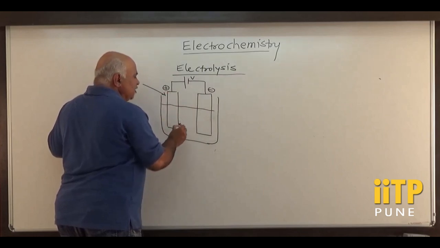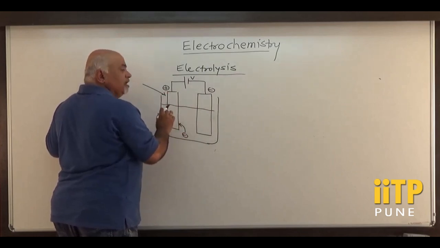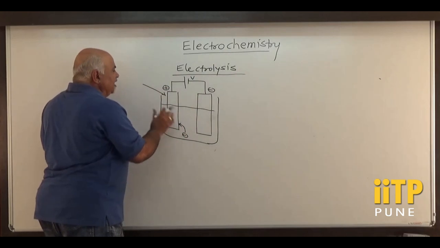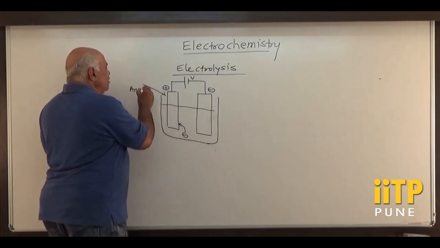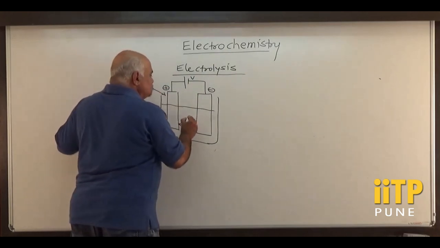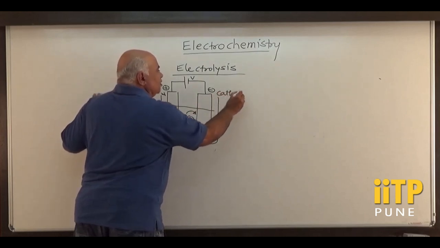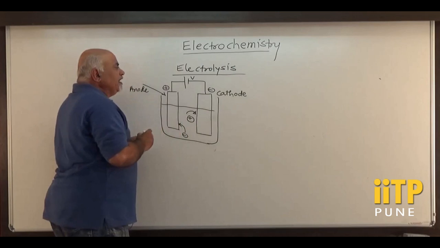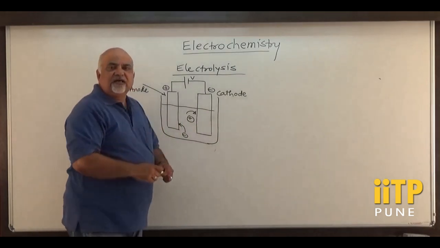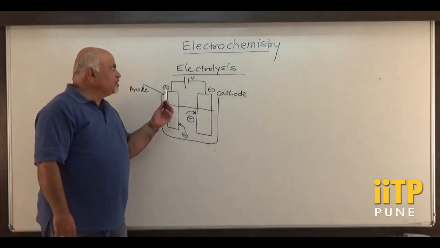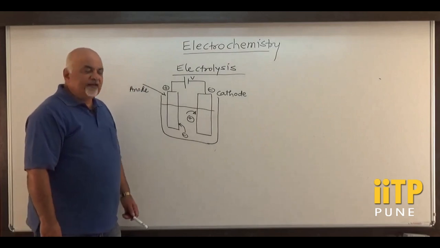Here anions will go, oppositely charged ions will go, so it is called anode. Here cations will go, so it is called cathode. So in electrolysis, anode is positively charged and cathode is negatively charged.